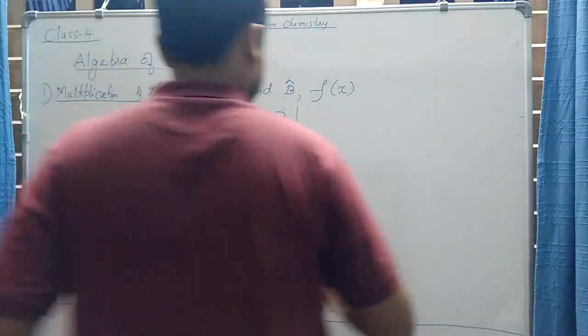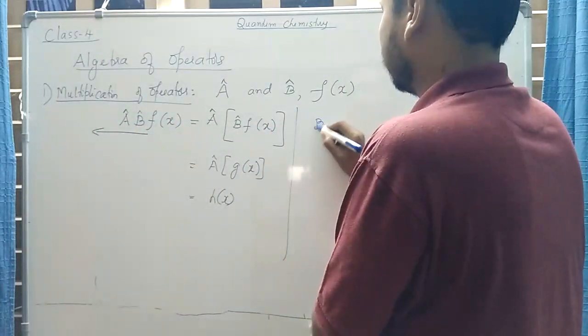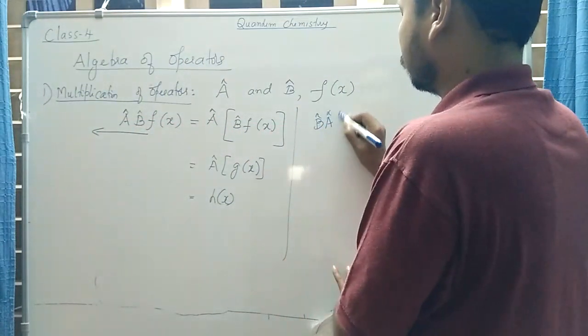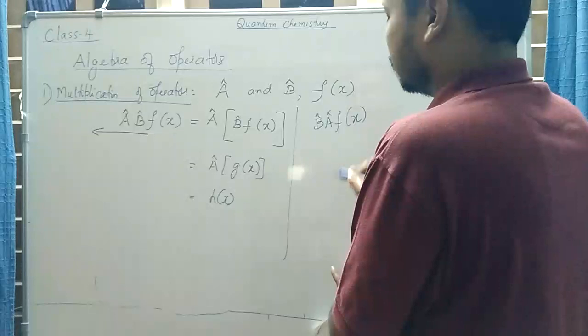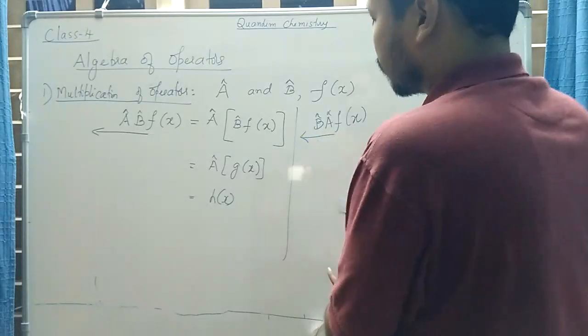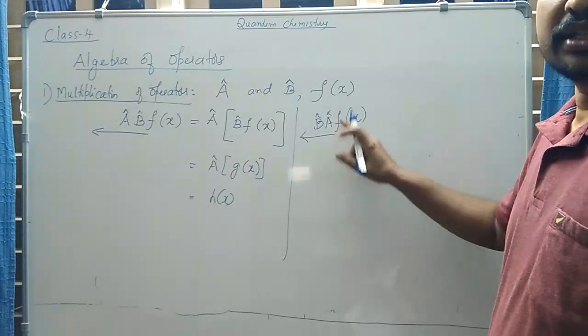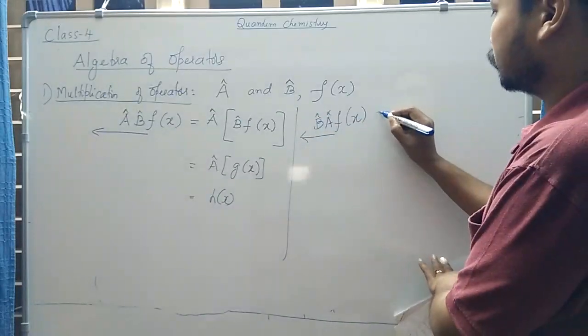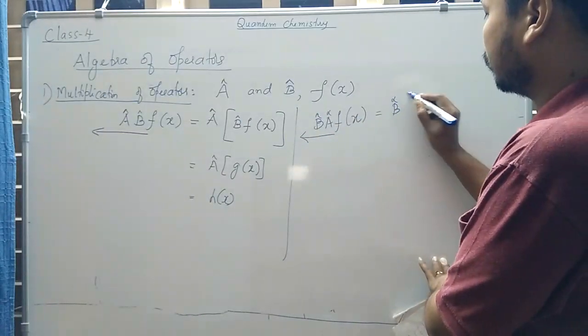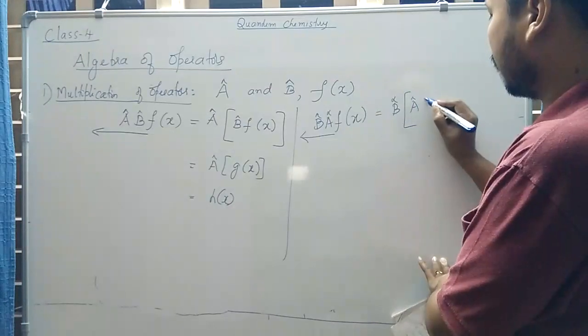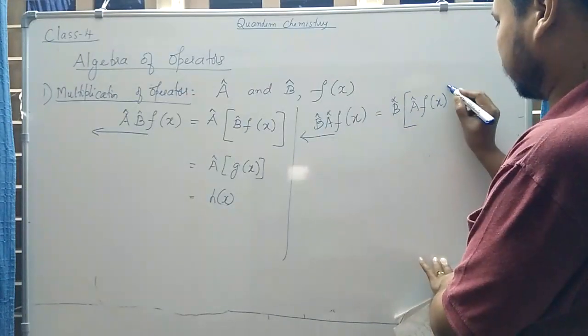Similarly, how will you define (B into A) of f of x? Remember again, the sequence of operation is from right to left. So first you apply operator A, followed by operator B. So this would be B of A of f of x.